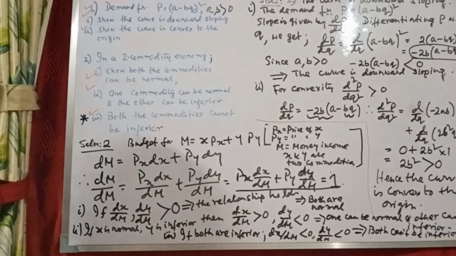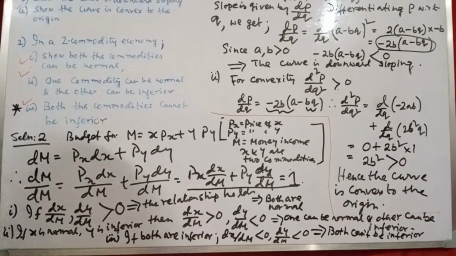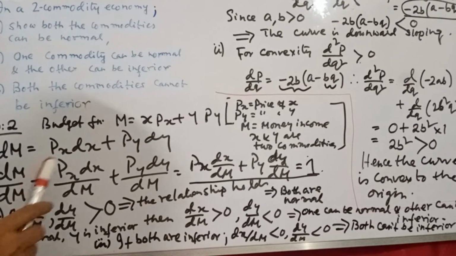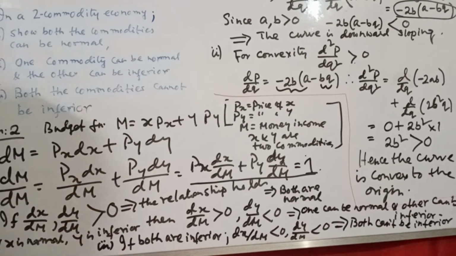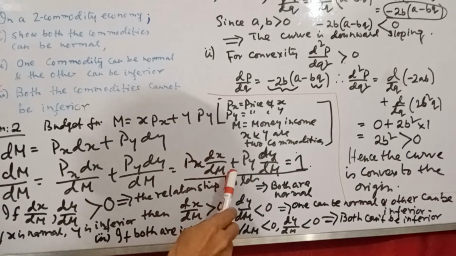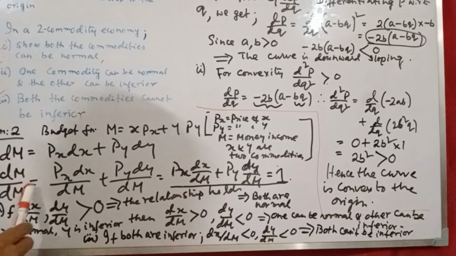We have differentiated m. Now we have divided both sides by dm. So dm/dm equals px dx/dm plus py dy/dm. That is equal to 1, because dm/dm equals 1.